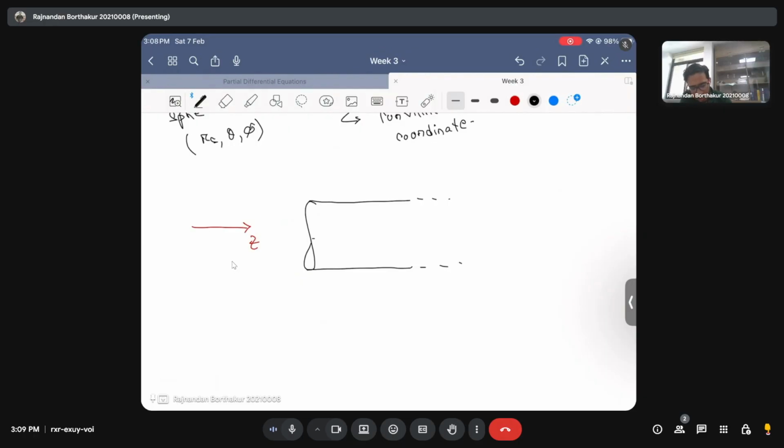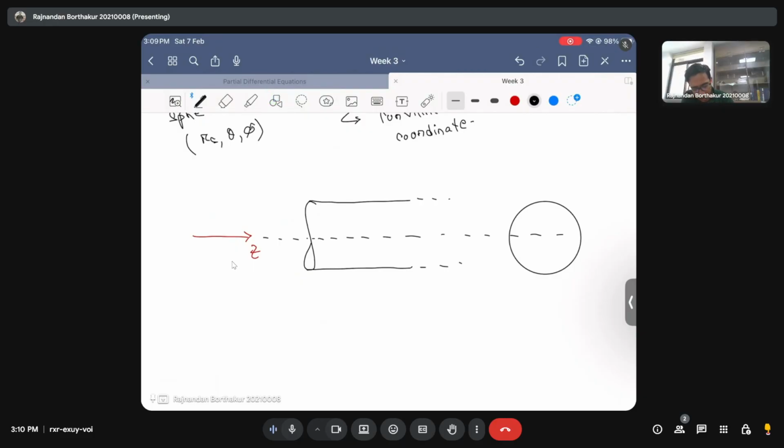So you can infer that the axis of the pipe is coinciding with the z-axis, as you can see here. Okay. And if I draw the projection of the cross-sectional area, the cross-sectional area will essentially come in the r theta plane here. So the projection, I hope you can realize, is going to be a circle, because it's a cylinder basically.